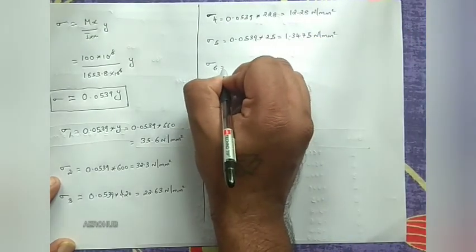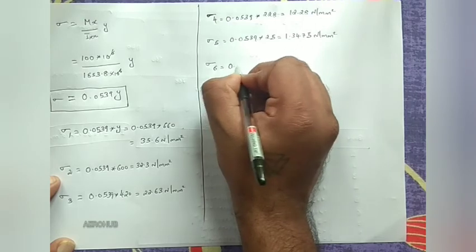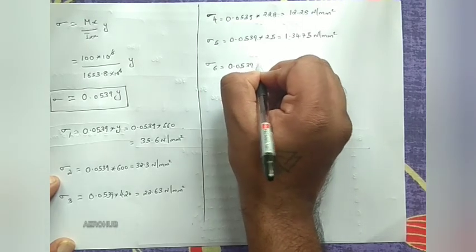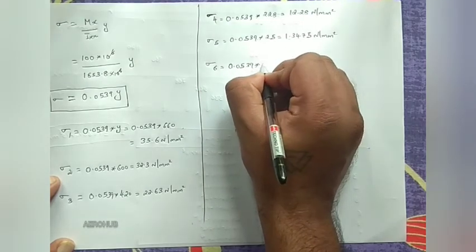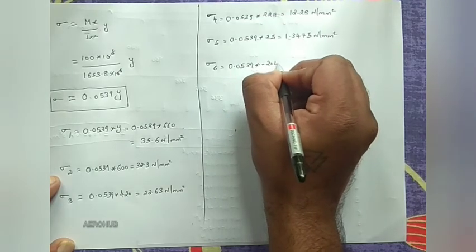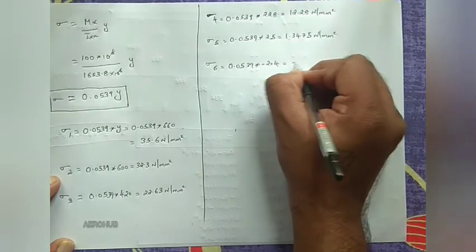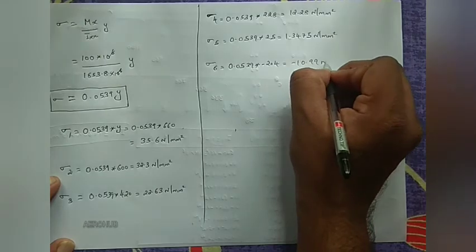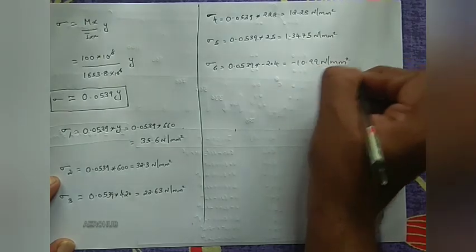And sigma 6 is equal to 0.0539 into, we'll be having a negative value here because it is below the centroidal axis, so it will be minus 10.99 Newton per millimeter square.